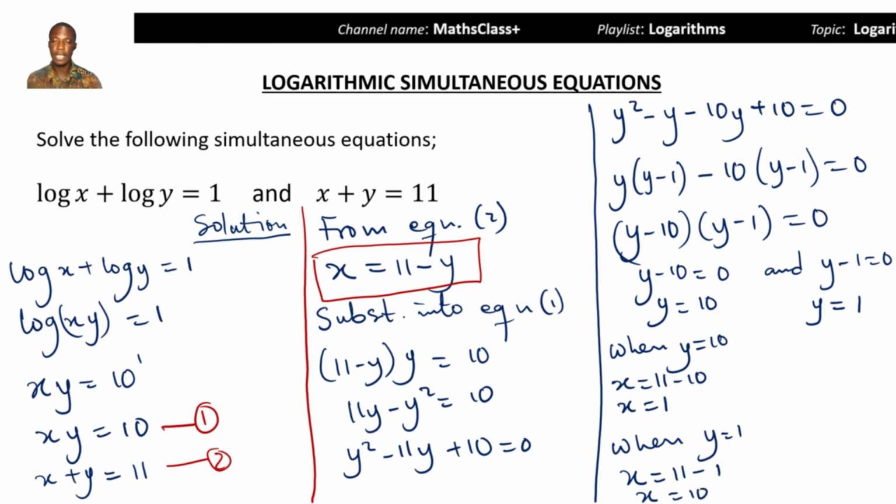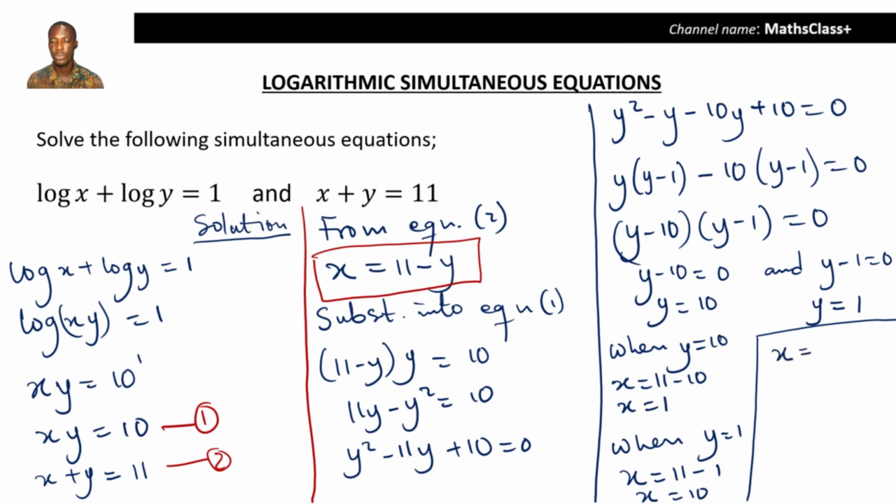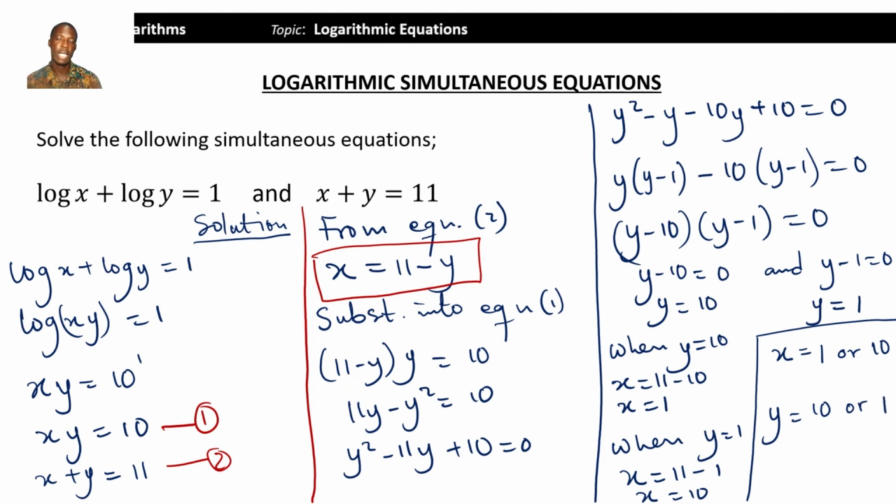So the values of x and y are x is equal to 1 or 10, and y is equal to 10 or 1. So these are the values of x and y as required.